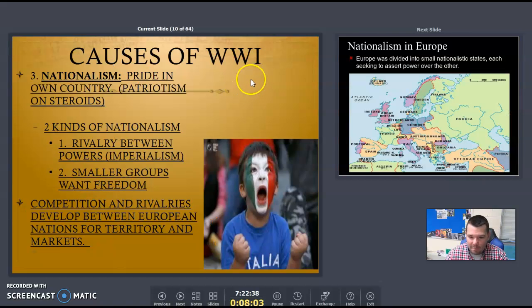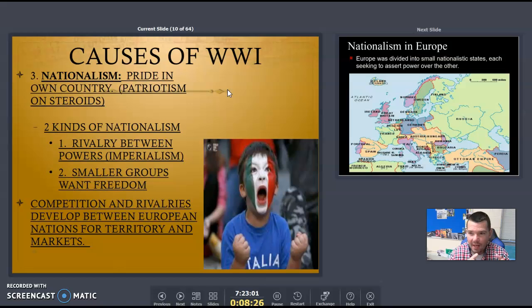All right, the N in MANIA is nationalism. So we're talking about this with imperialism as well, about how countries were looking to spread their belief systems, their religion, their language, their customs. They felt like their country was better than anybody else. So think of nationalism as patriotism on steroids.